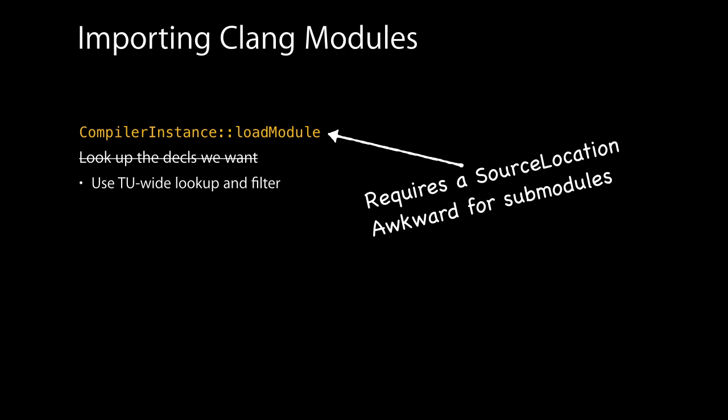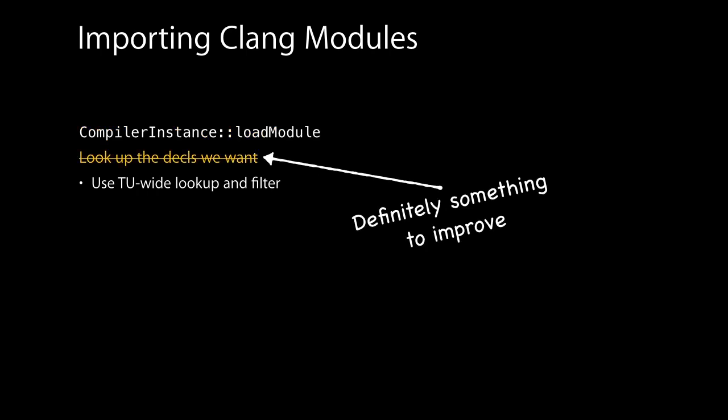Again, these are small aesthetic things that a little targeted refactoring and improvement could really be a great benefit to people trying to use this from outside of Clang. This next point is definitely something to improve, especially in any language that allows you to specify which module you're looking into. This isn't like C, but it does come up in Swift and several other languages that we know that do care about interacting with C.